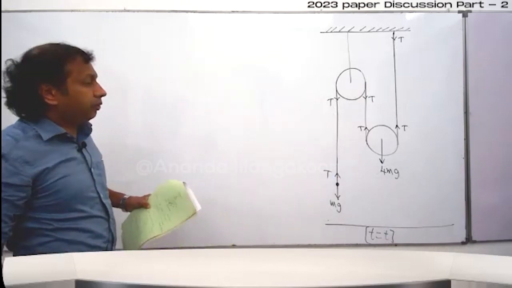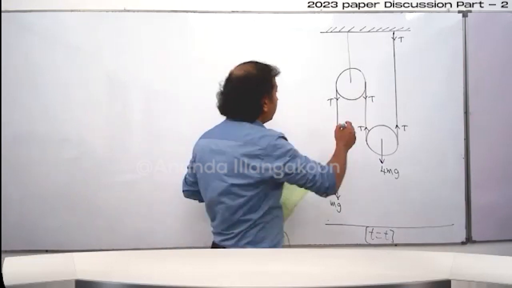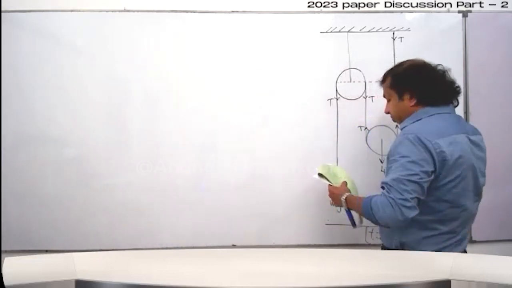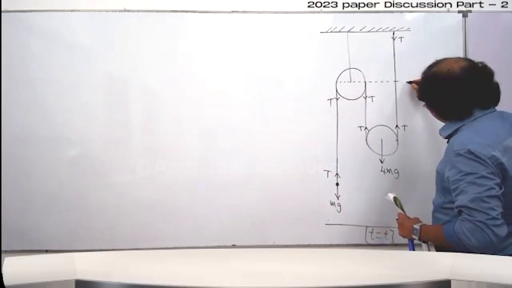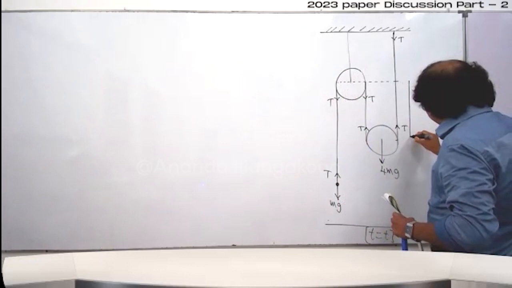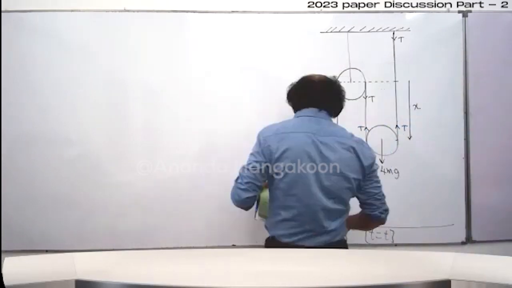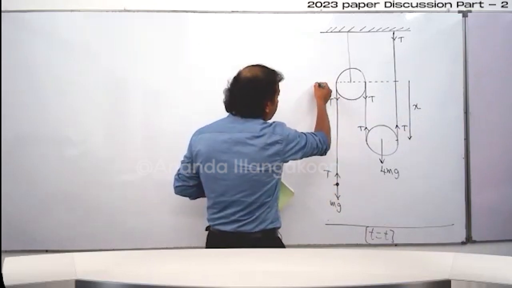Right. So then I mark the distances at time t. From this fixed level, we measure the distance to this place x at time t, and here to this level y at time t.